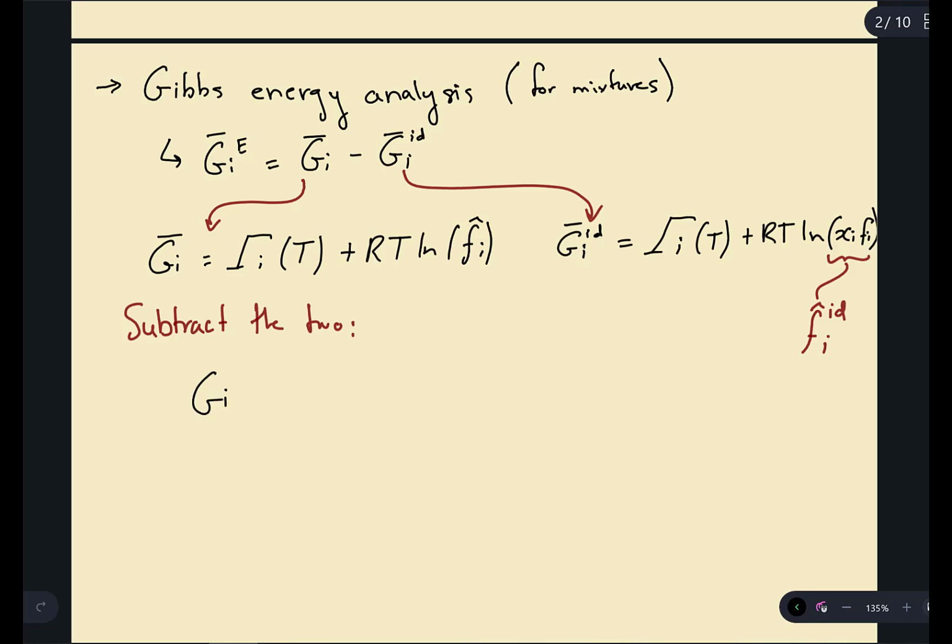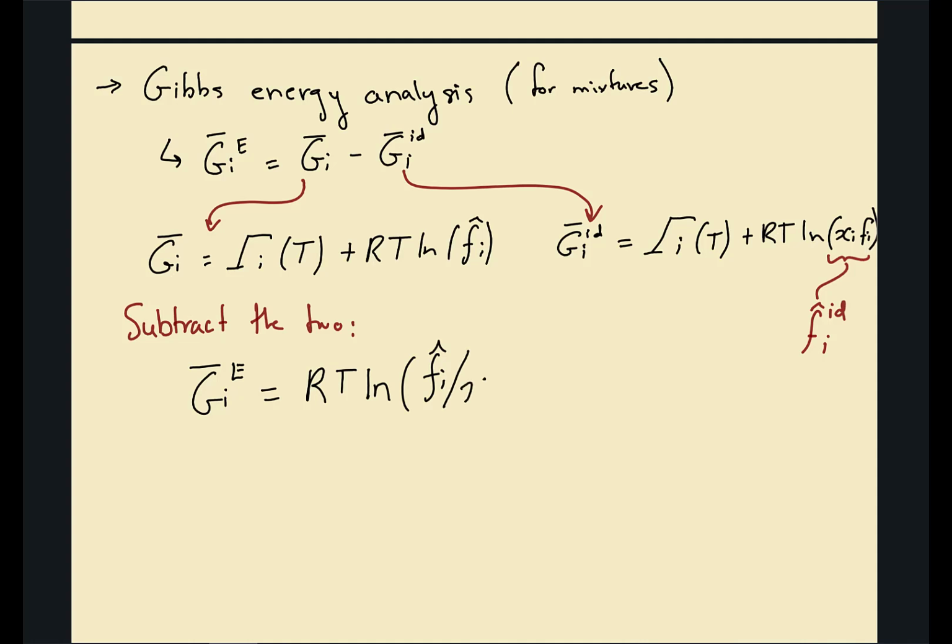G_i^E is going to equal, so the gammas cancel out, so we're only left with RT times the natural log of the real fugacity in the mixture for component i, divided by x_i and the fugacity of the pure substance.